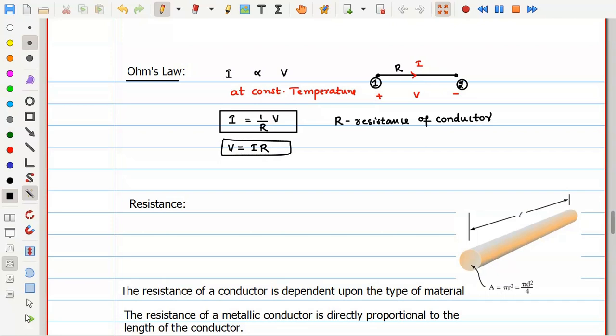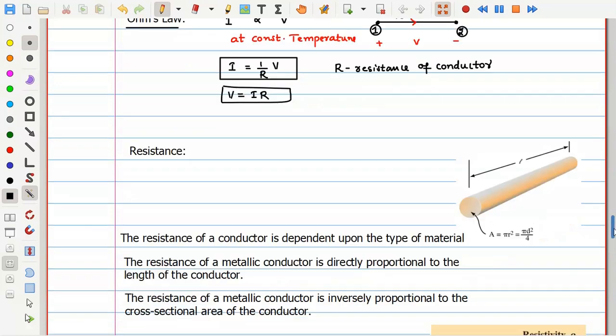The resistance of the conductor is a property of the material. Generally, the resistance depends on the type of material. Different materials have different properties: most conductors have negligible resistance, whereas insulators differ.